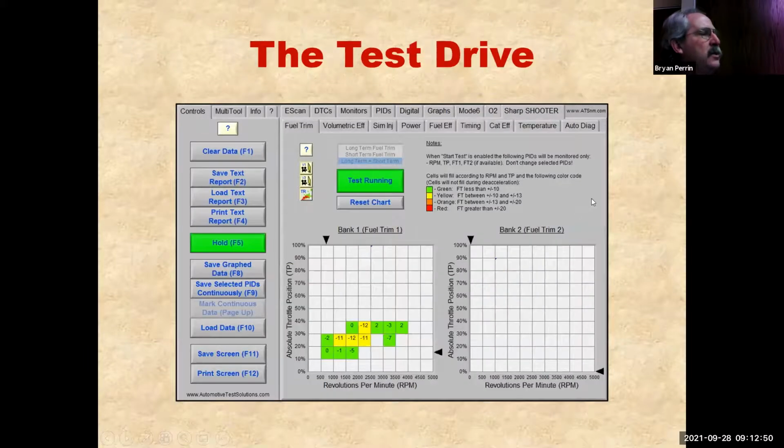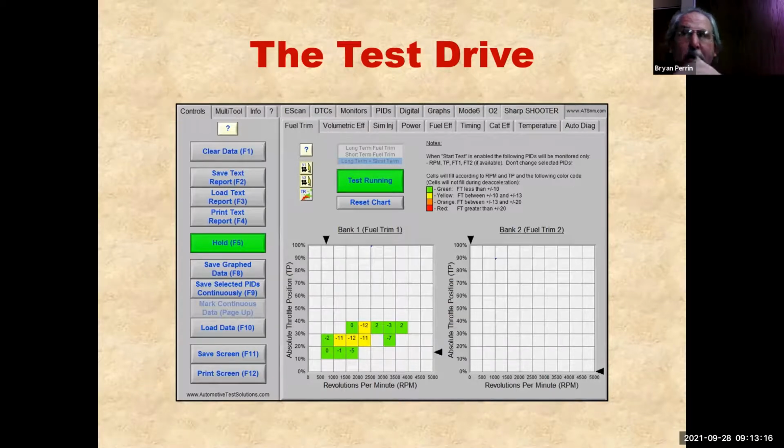So I went for a test drive and I used the feature to graph my short-term and long-term fuel trim. We're going to combine it into one number. I start off at idle and I'm pretty good. And at higher RPM, I'm pretty good. But right here in the middle, we're taking away 11 to 12% injector on time. Well, at 1500 to 2500 RPM, that's exactly my speed that I'm on a dyno doing a smog inspection.